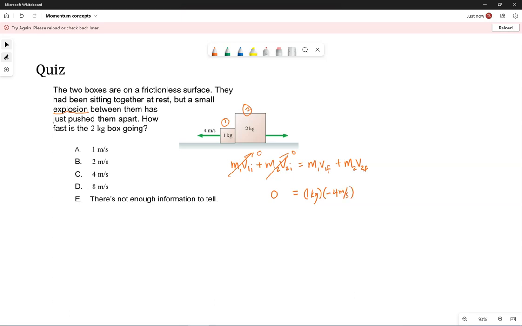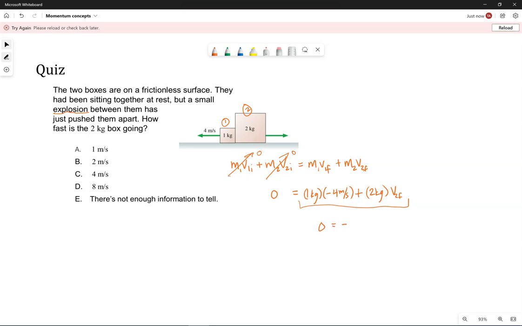So we need that negative sign to represent to the left. And we're trying to find out how fast the 2 kilogram box ends up moving to the right. So this final momentum, the momentum of box 1 plus the momentum of box 2, has to add up to be 0. This is similar to that archer shooting an arrow.